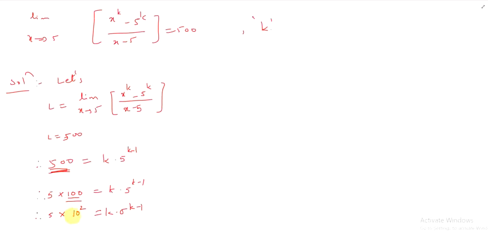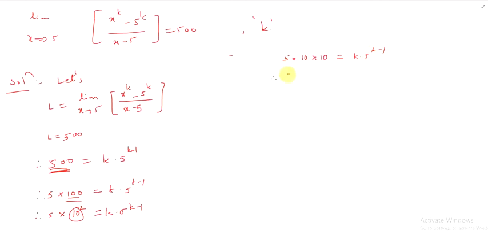To reduce this term to a base of 5, we can write 5 into 10 squared, equal to k into 5 raised to k minus 1.